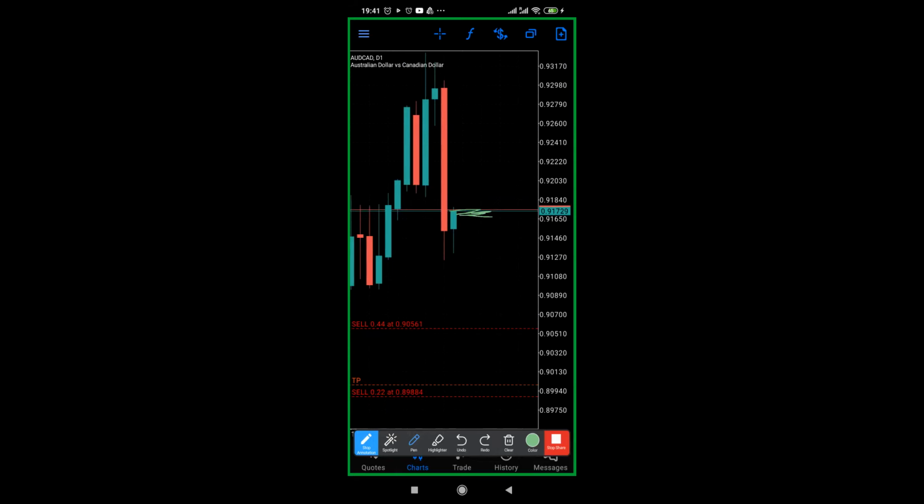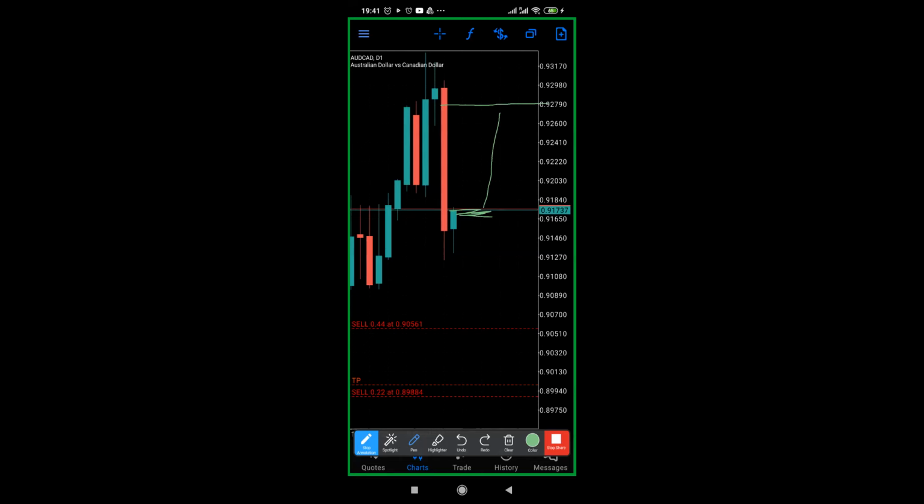Based on my analysis, I feel that price is going to come up all the way to this price point, let's say 0.92790. Whenever price goes up into this zone, I want to be put into the trade for a sell. So that's a sell limit. That's a reversal.